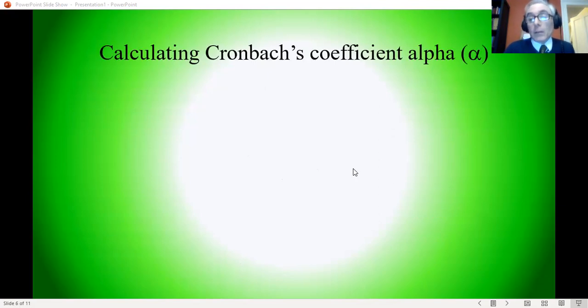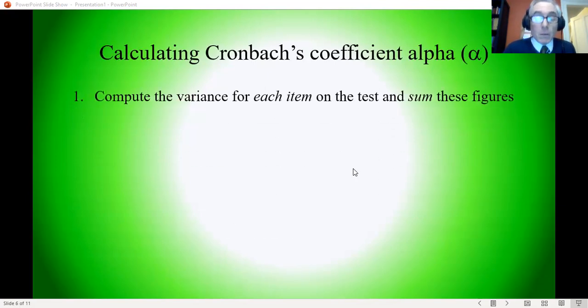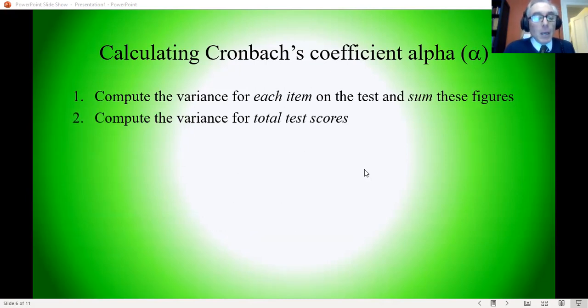So, how do we calculate it? Well, first thing you're going to have to do is to compute the variance for each individual item on the test. Again, I will circle back to that, but this is most easily done on a spreadsheet rather than by hand. But if you must, you must. It's still easier than correlating everything with everything else. You also, of course, need the variance for test scores, which is pretty straightforward.